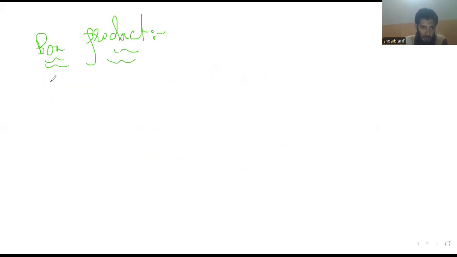So what is the definition of the box product of graphs? If we have two graphs X and Y, we can write the box product of the graphs, denoted X box Y, defined as follows.